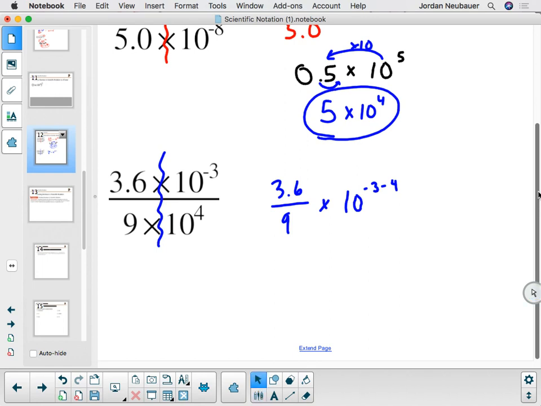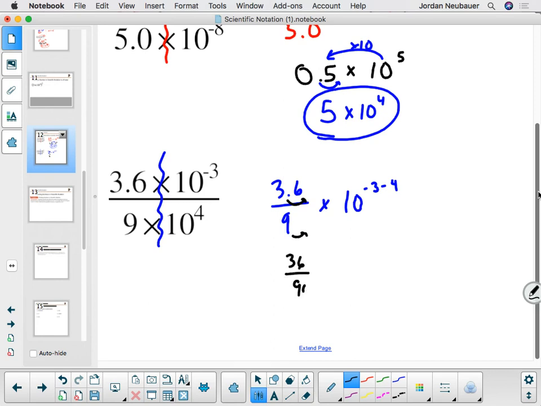By the way, just a quick way to do 3.6 divided by 9: move the decimal over in both of these and simplify the fraction, 36 90ths. I think 9 goes into both of those, and you'll get 0.4. I'm just going to give you that one. This is 0.4 multiplied by 10 to the negative 3 minus 4 power. That's negative 7th power.